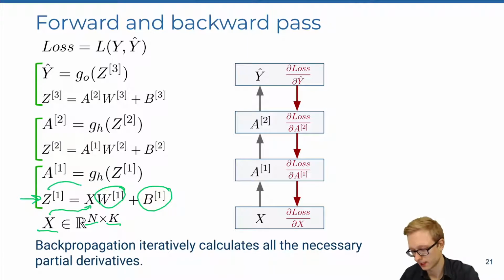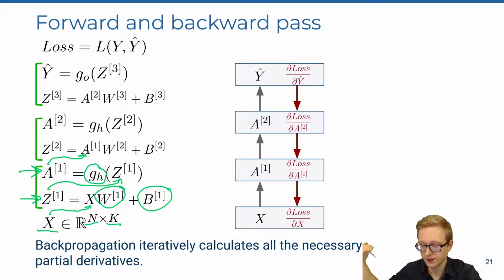This z then goes as input to our activation. We apply this activation function here and we get a, which is the output of our first hidden layer. And this keeps going. The output of this layer now goes into the next linear transformation.